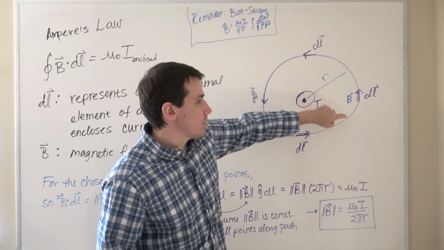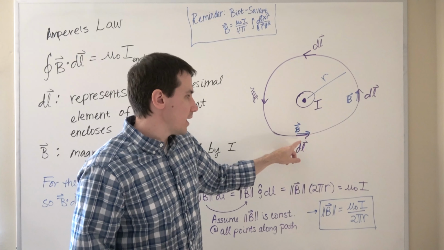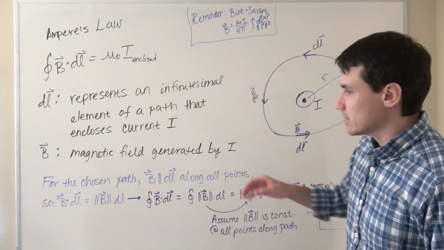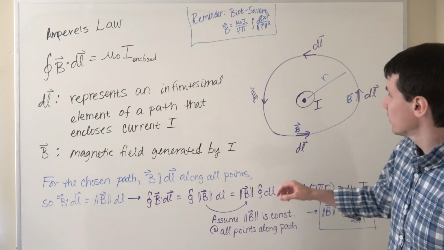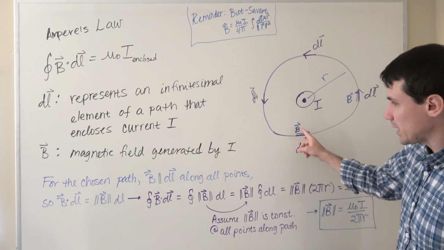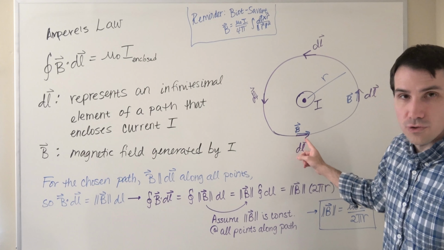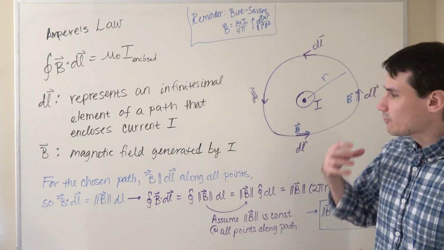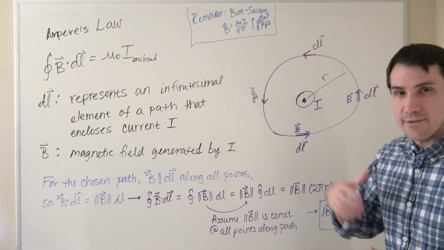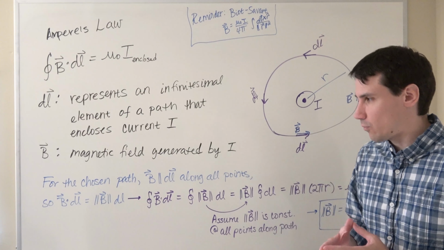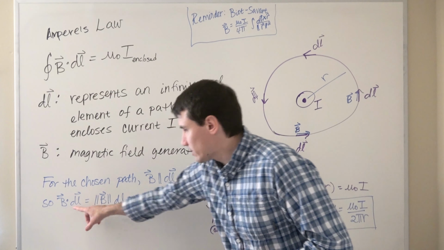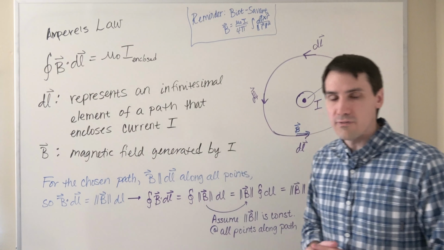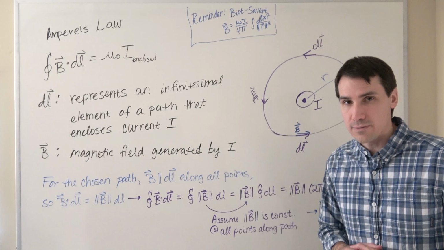At this distance, we are going to integrate around the loop, and picking this loop is actually very useful because for our chosen path, the magnetic field, B, is parallel to dl at every point along the loop. And if we remember how dot products work, if two vectors are parallel to one another, then the dot product of those two vectors is simply equal to the product of the magnitudes of those two vectors.